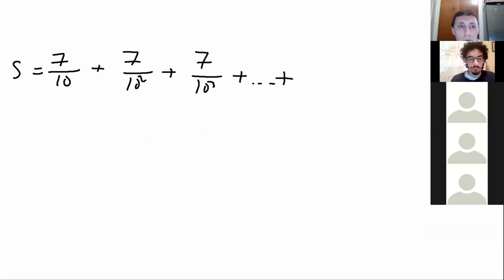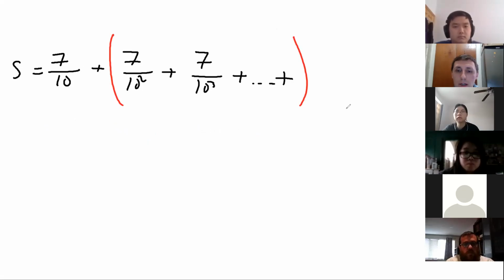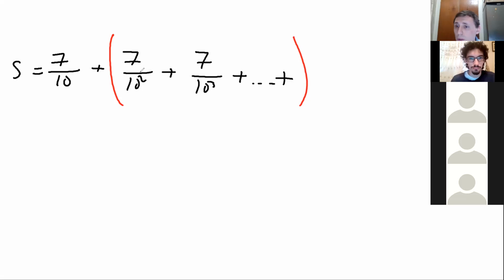Look at it. You see, guys, 7/10, and then I skip the first term. It's not always just skipping the first term. I just have pattern recognition. I just see that what's in here looks very similar to the original expression. Do you agree? Except that the powers of 10 don't start from 1, they start from 2 here.